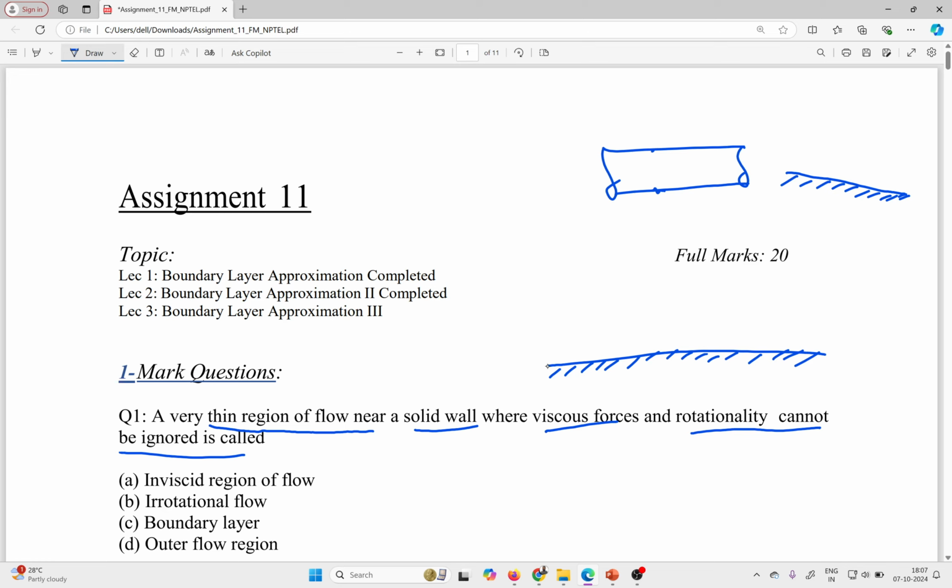a very thin region. What is the boundary layer? Let me first try to explain. So here, if I draw the velocity diagram, if this is the x direction and this is the y direction, your velocity will be like that.